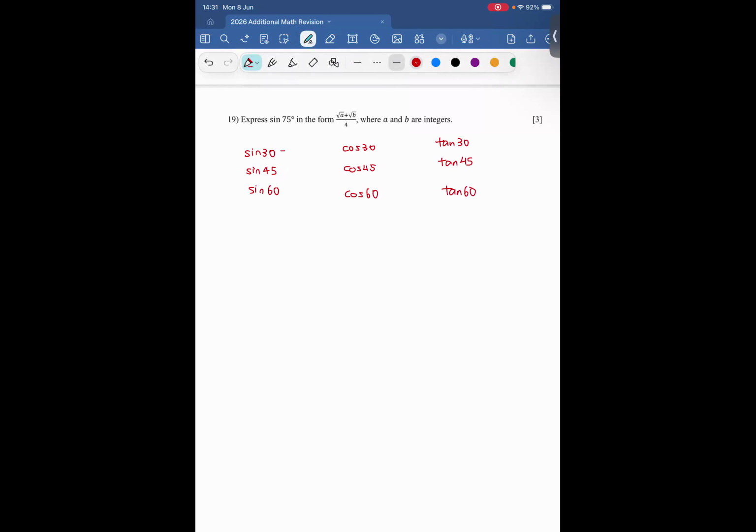Okay, so you press your calculator, this will give you half. You press your calculator, this will give you some decimal. When you square it, it will give you half. Okay, this one, when you get some decimal, when you square it, it will give you 3/4. So you need to square root your 3/4. This is what you get.